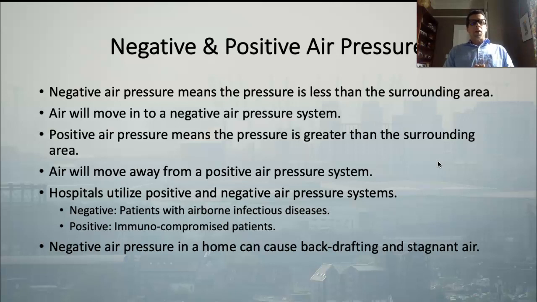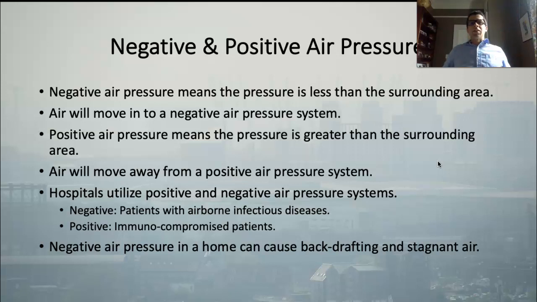Another example that might be helpful is in hospitals, they have positive air pressure rooms and negative air pressure rooms. People that have airborne infectious diseases are going to be in negative air pressure rooms. We don't want air moving from this room out to the other rooms. We want air coming into this room.